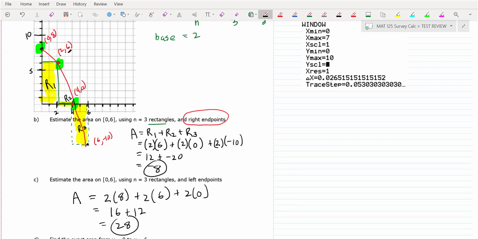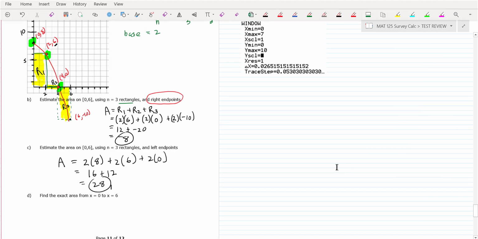And the function value is always the height, okay? So you want to make sure that you know the difference between when I do left and right endpoints, okay? I think the one that's on the final, I think everything's above the curve. That makes it a little easier for students, I think, to understand, but that's the idea. You're given a curve, no more than probably 3 or 4 rectangles is what you got to do, okay?